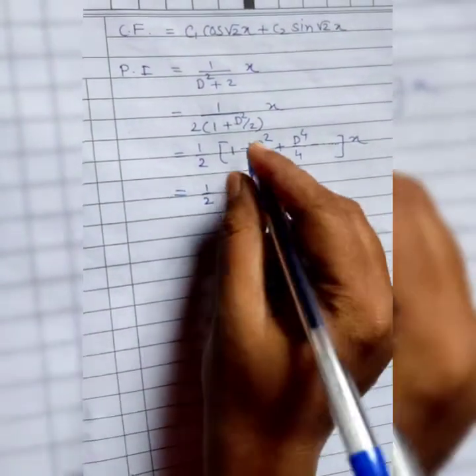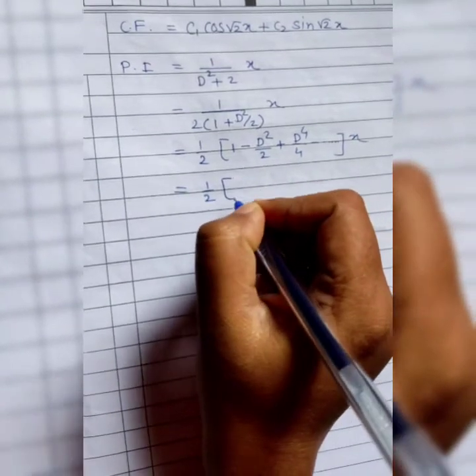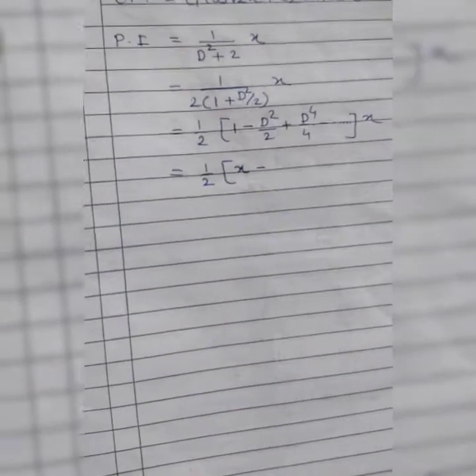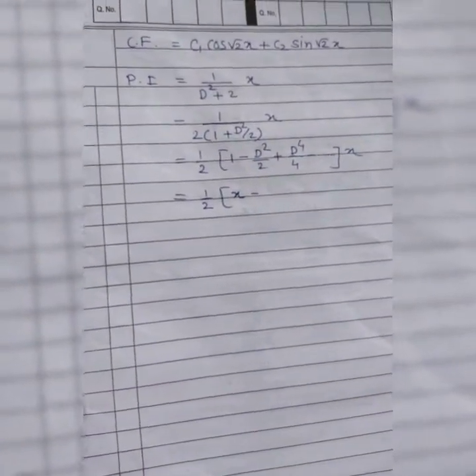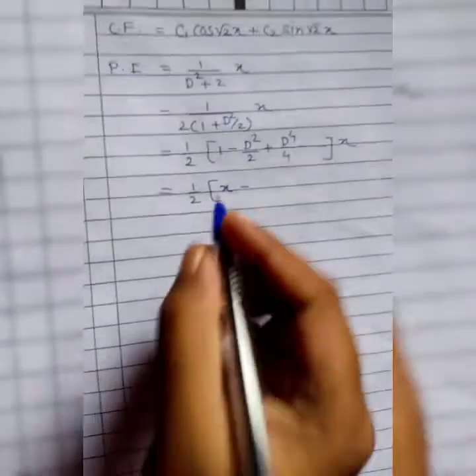1 by 2 into x minus d square x. D square is nothing but second derivative with respect to x.